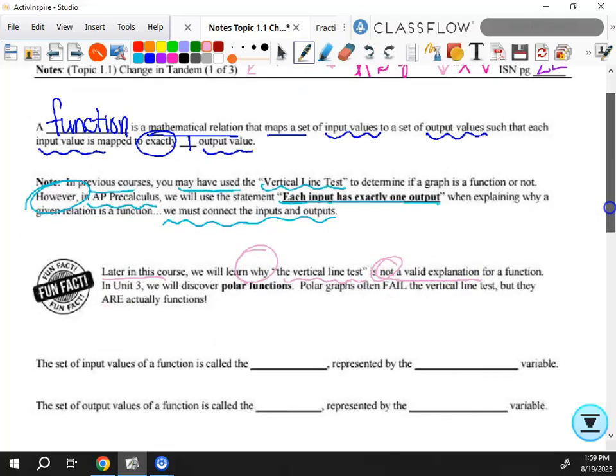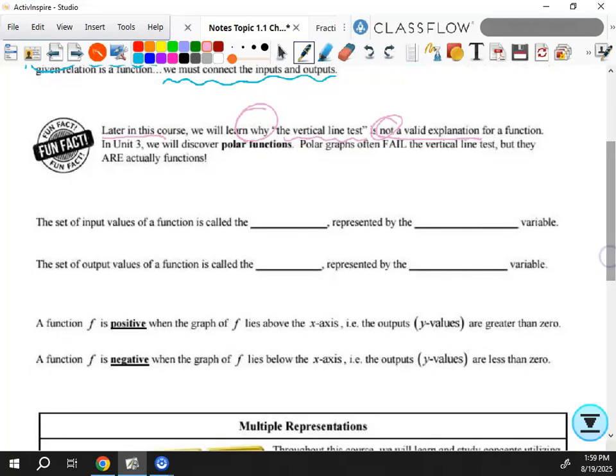So for right now, it's because I said so, and you're going to have to take my word for it. But then later on, we will talk about why that's not enough, even though it's been enough up until now. Because in Unit 3, we'll discover polar functions, and polar graphs often fail the vertical line test, but they are actually functions. So when we get there, we'll talk about it. Okay?